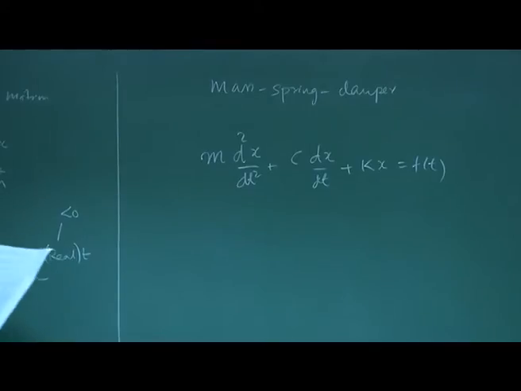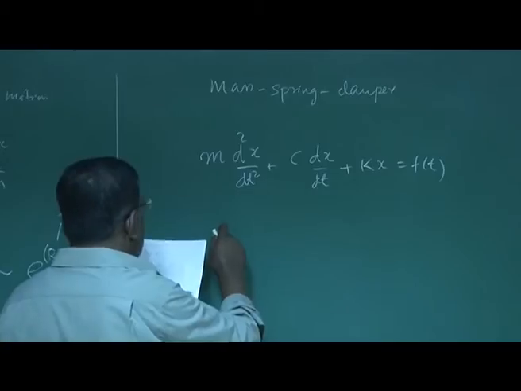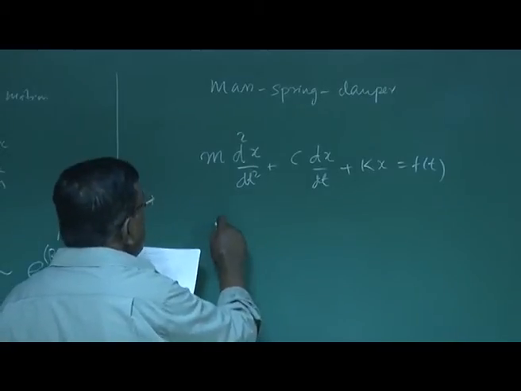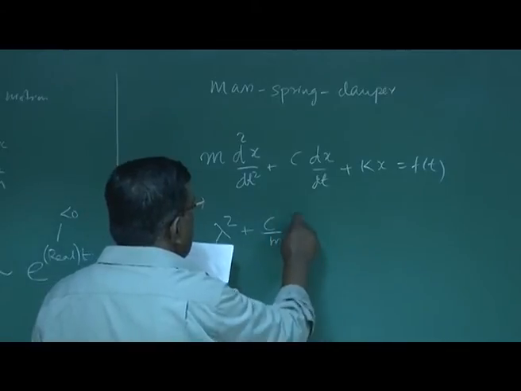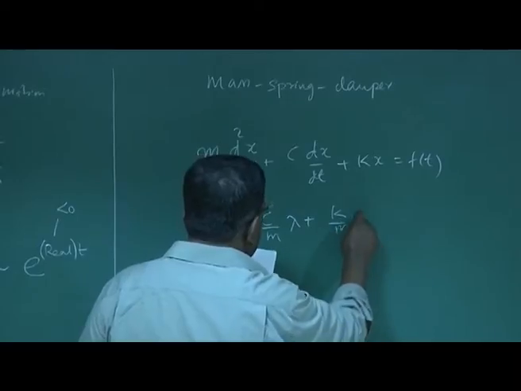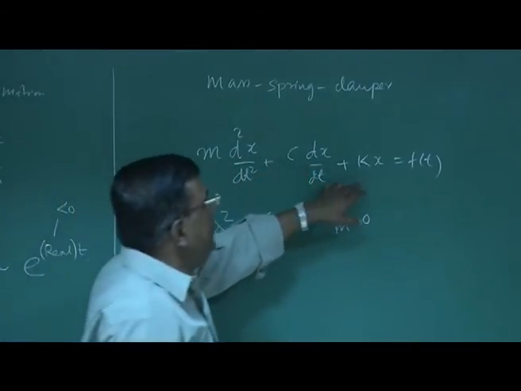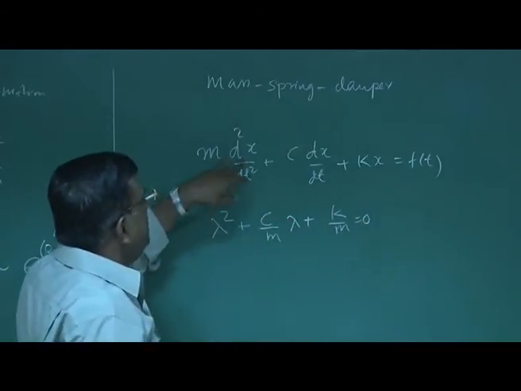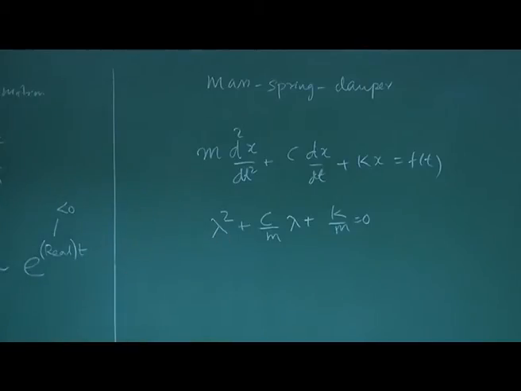Now, if I want to find the characteristic equation for the homogeneous solution, it will be lambda square plus c by m lambda plus k by m equal to 0. You are all familiar with this. I divide by m, and for x I write e to the power lambda t, put in the derivatives and you get the characteristic equation.